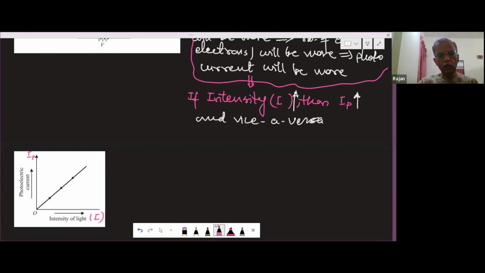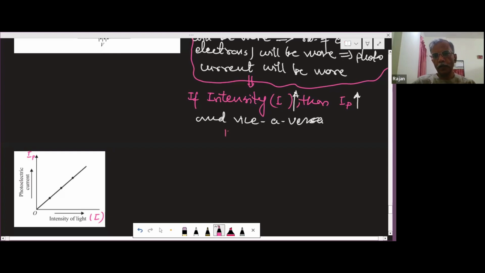If my intensity of light is increasing, obviously the number of photons is increasing, the number of photoelectrons is increasing, and the photoelectric current is increasing. So they have a linear relation, correct? So I can say your IP is directly proportional to I.